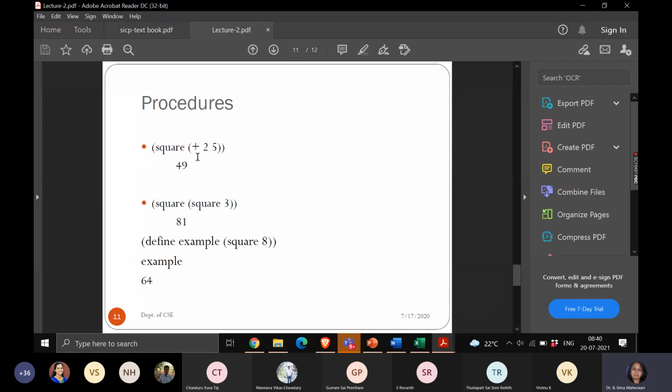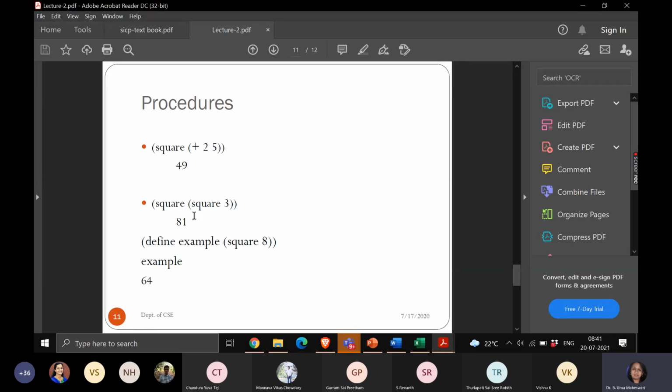If you take this example, square, we are calling. When calling square, we can pass a primitive value, that is a numeral, or we can also pass a composition. The composition is evaluated, and that result is passed as the actual value and substituted for the formal parameter.